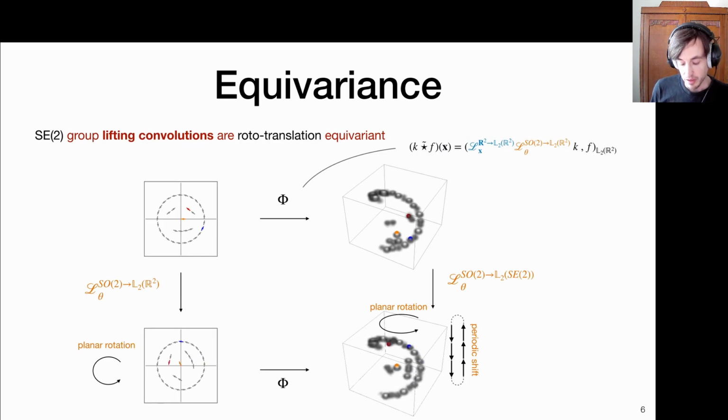Okay, now using this definition, it's again not too hard to show that we can make this diagram commute if the convolution operator is defined as such, using the representation of both the rotation group and the translation group. We see that it doesn't matter if you first apply this lifting convolution and then rotate it, or first rotate it and then apply the convolution.